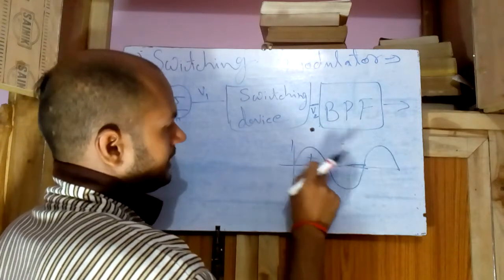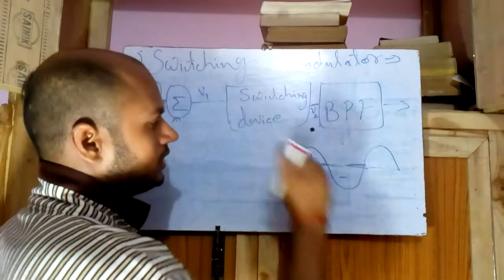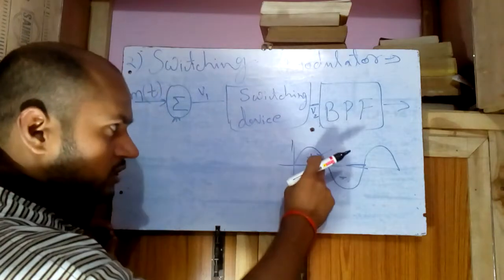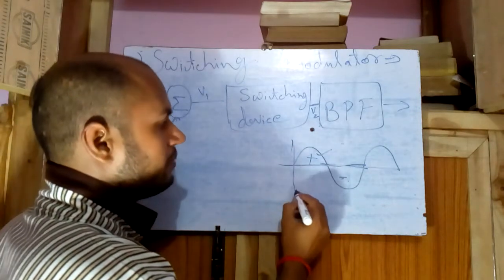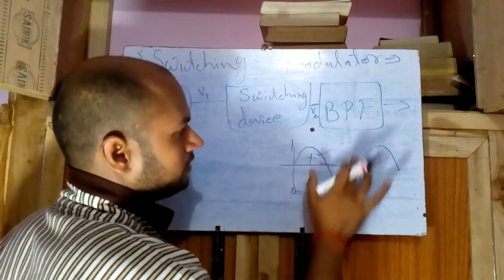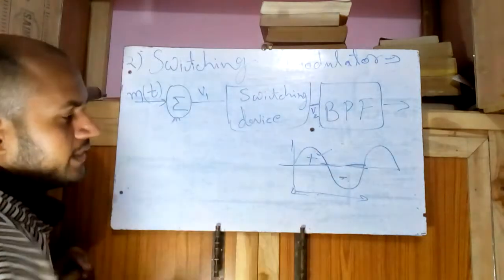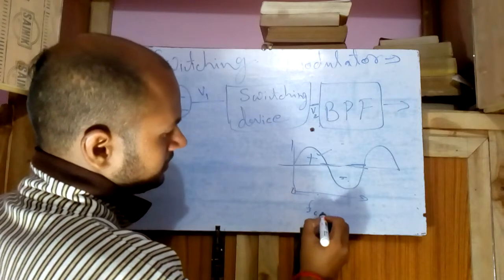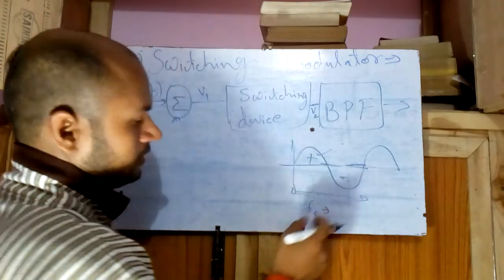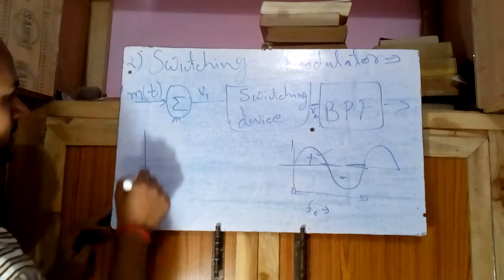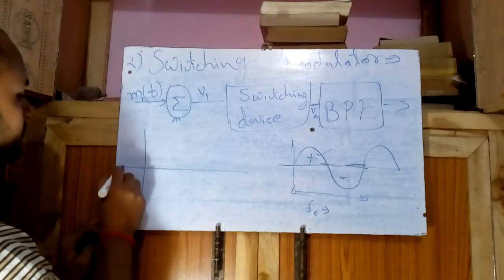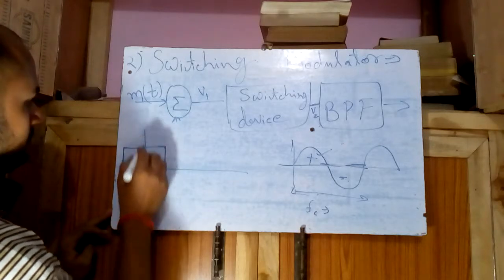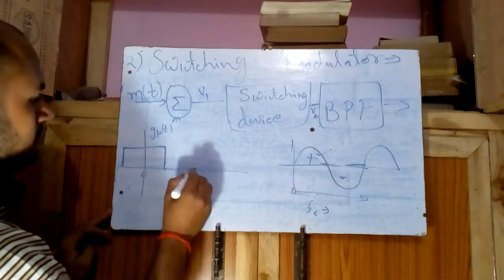And when the carrier is negative, V2 is equal to 0, which means the other level. It is one level and it is the other level. The switching of the level is at the same interval as the carrier has its positive and negative time intervals. So the Fc is the same for both level switchings. We are saying the level switching is a gate pulse. We are using here a gate pulse signal.